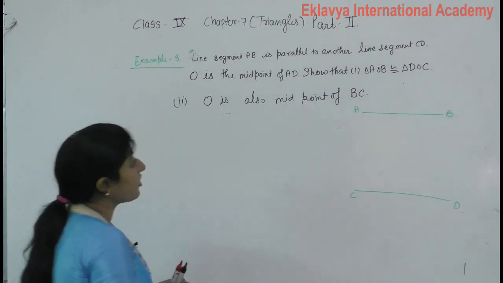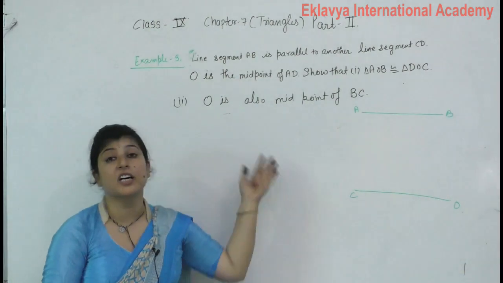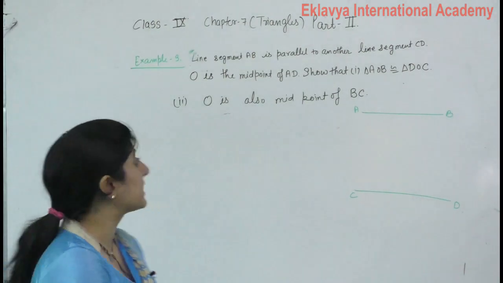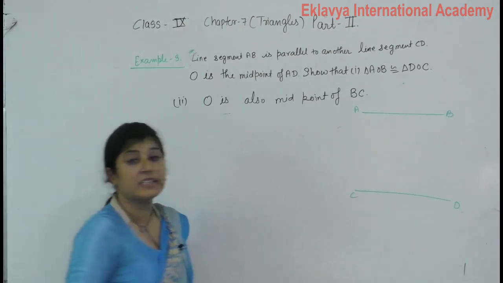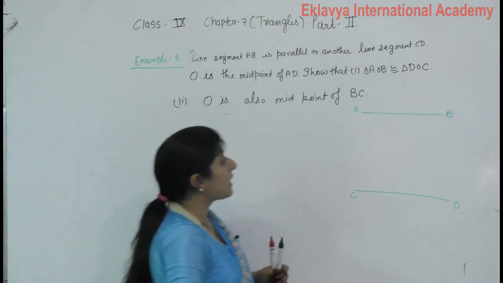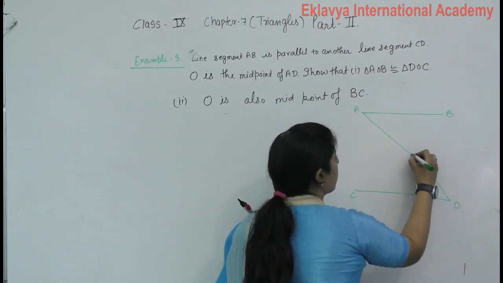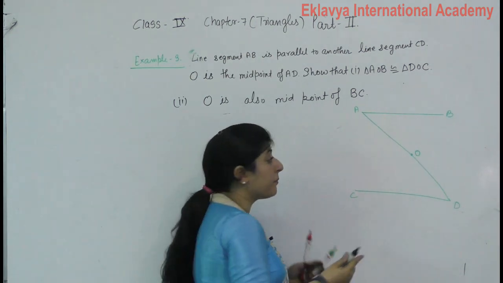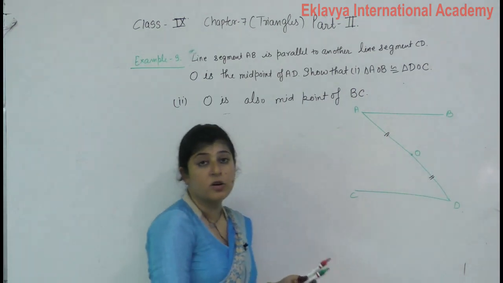Okay, it is not given in the figure. So you have to make a figure according to the statements. Line segment AB is parallel to line segment CD. O is the midpoint of AD. What is the meaning of midpoint? Midpoint means these two parts are equal, AO is equal to OD.